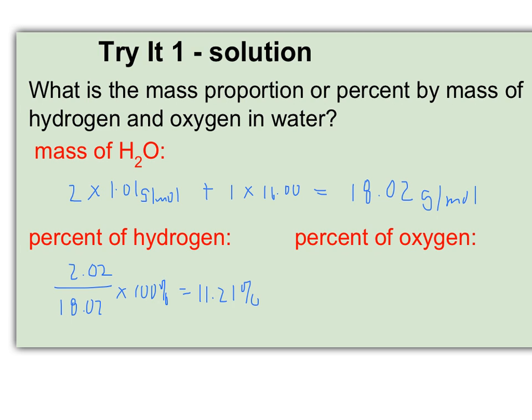And if I'm confident, I could just subtract that from 100 to get my percent of oxygen, or I could put 16.00, the part of oxygen, out of the total, 18.02, and take that times 100%, and I do get 88.79%. So now if I have an unknown solution that I know contains hydrogen and oxygen, if I can find out the percentage of hydrogen and the percentage of oxygen in there, I'll know if it's water or not, because if it's water, it'll be 11.21% hydrogen and 88.79% oxygen.